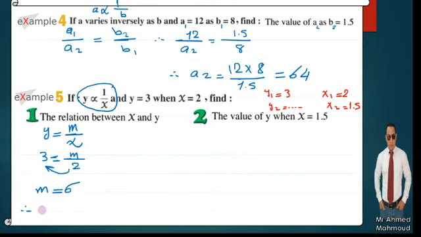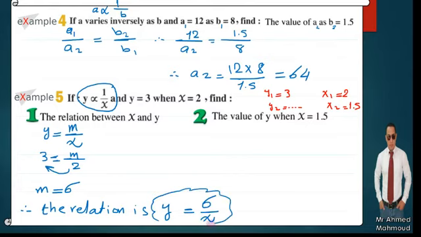Therefore the relation is y equals 6 over x. This is the relation between x and y. Here find y at x equals 1.5. Therefore y equals 6 over 1.5, which is equal to 4.